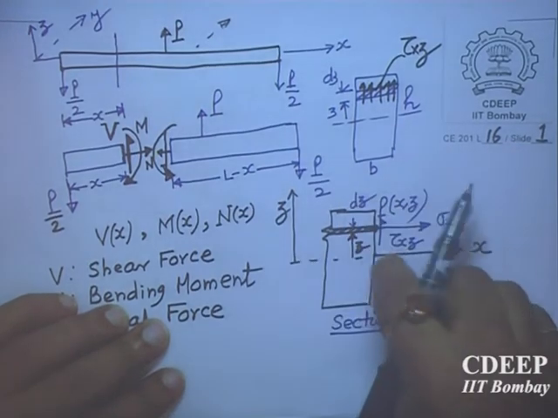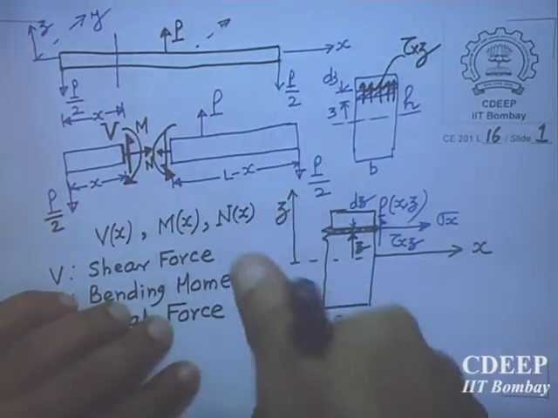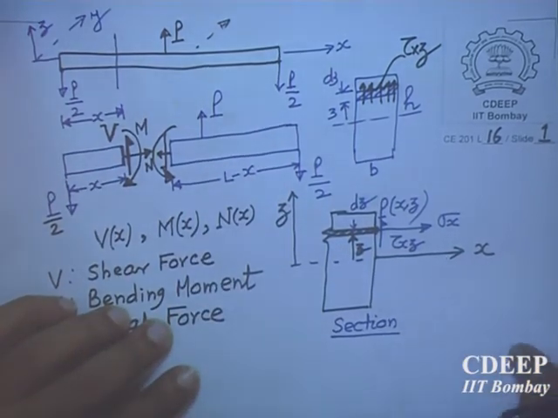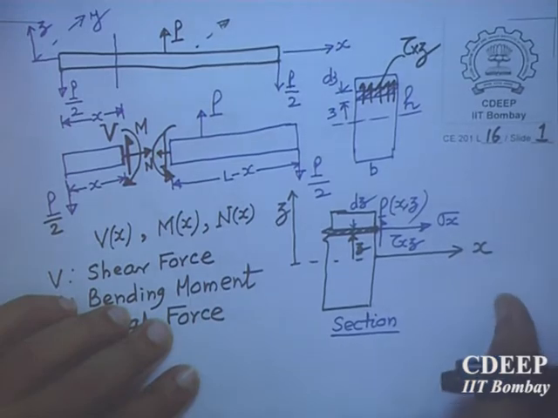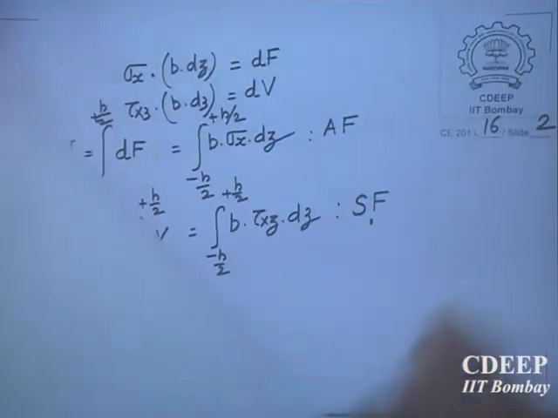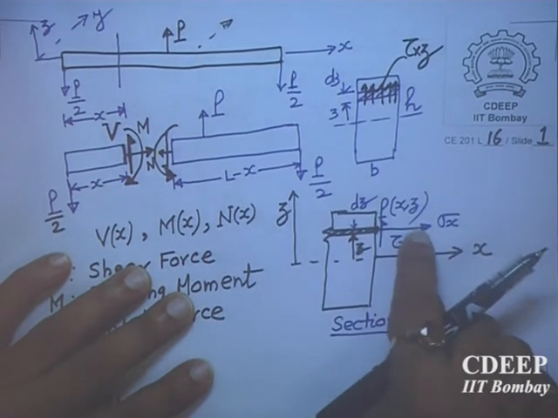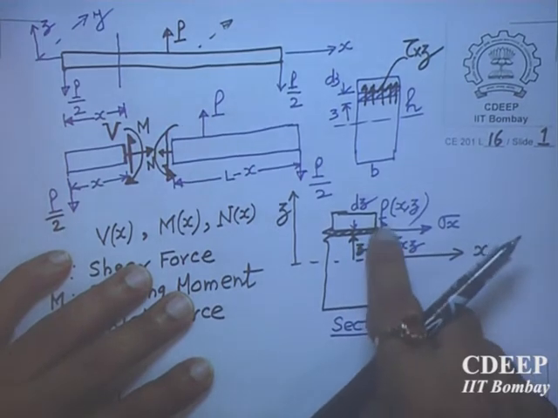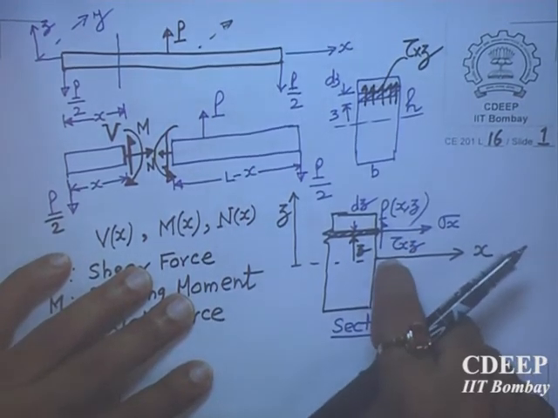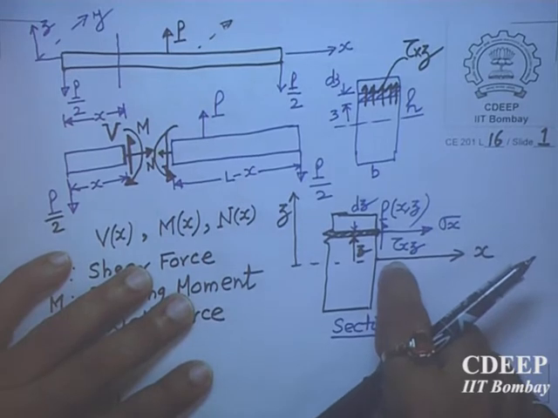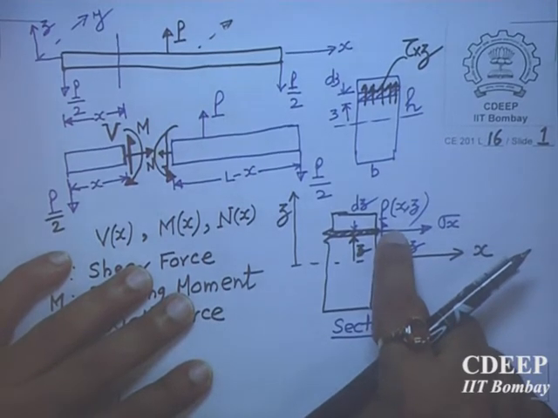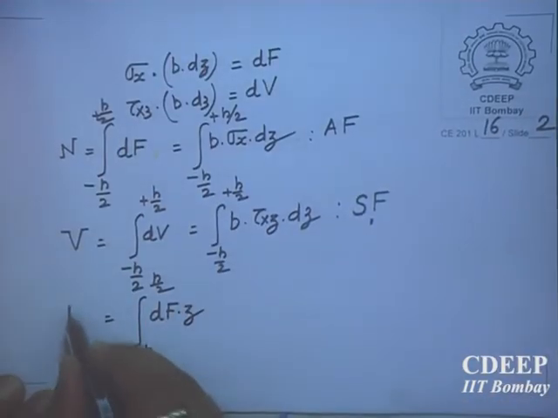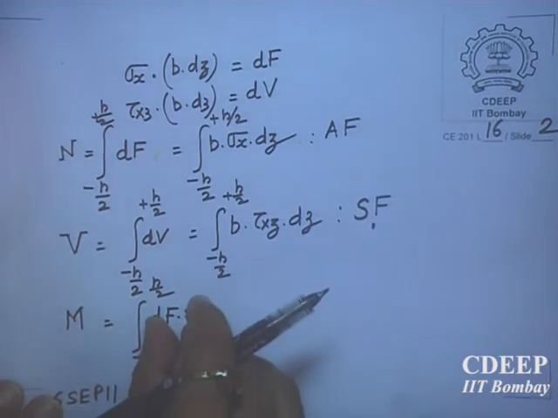That multiplied by z will give me a small moment, dm. Is it clear or not? So the moment at the cross section comes from sigma x multiplied by the small area into the lever arm. Lever arm z is the distance from the centroidal axis to the point. So this is defined as M.